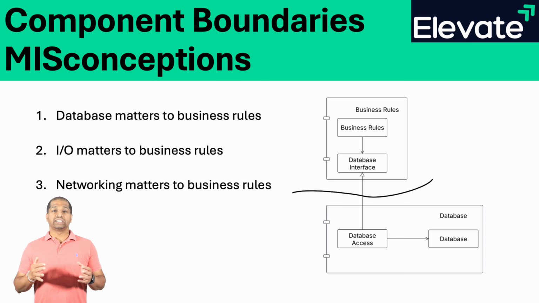The other misconception is that input-output matters to business rules. Because of this misconception, we sometimes tightly couple outputs such as GUIs with business rules. But let's see how we can separate these two components.